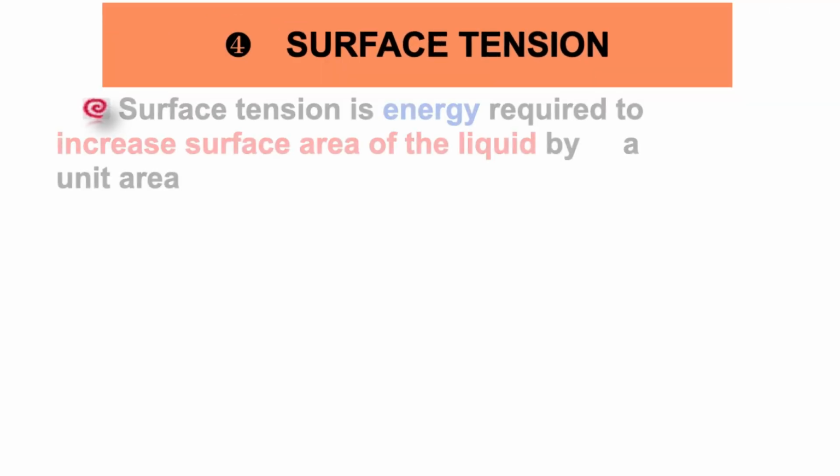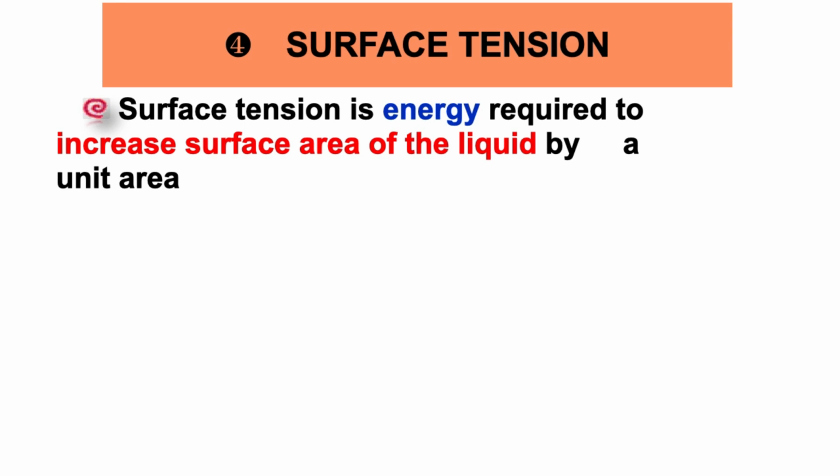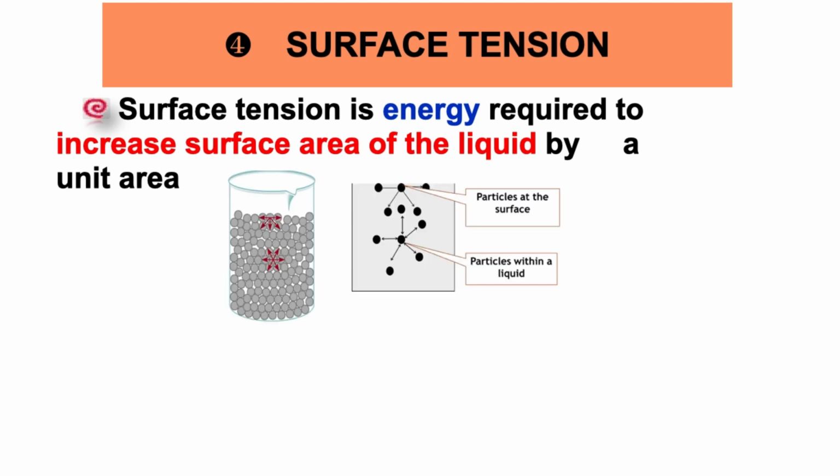Surface tension. The definition of surface tension is the energy required to increase the surface area of the liquid by a unit area. Consider this diagram. There are two types of particles: those at the surface and those within the liquid, or we call them interior molecules.